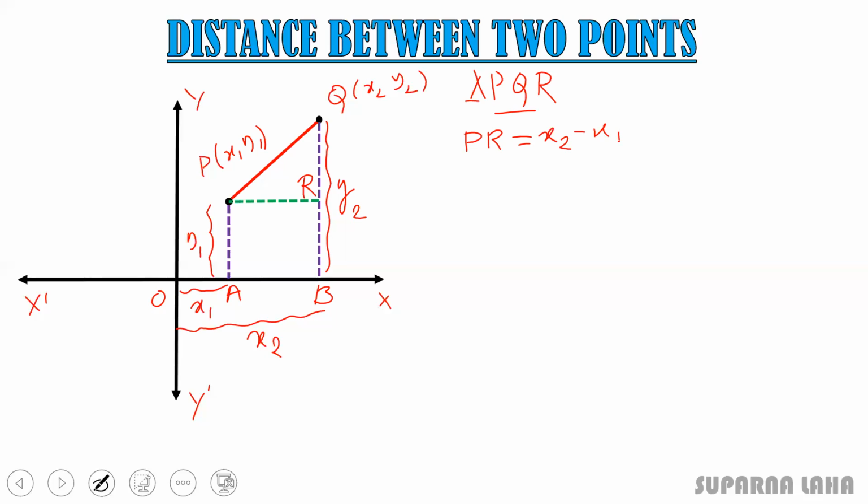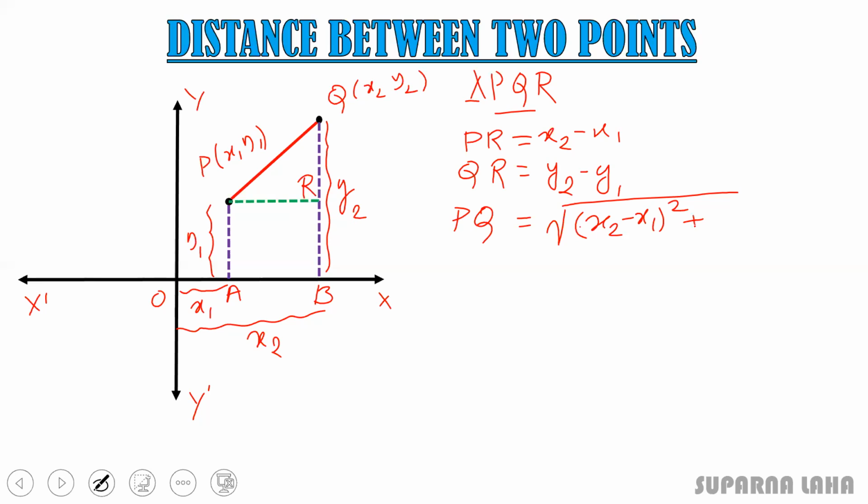Right? Now what is QR? It is y2 minus y1. Right? And then PQ is given by root over x2 minus x1 the whole square, height square plus base square. So this is base square, x2 minus x1 square, plus y2 minus y1 the whole square.